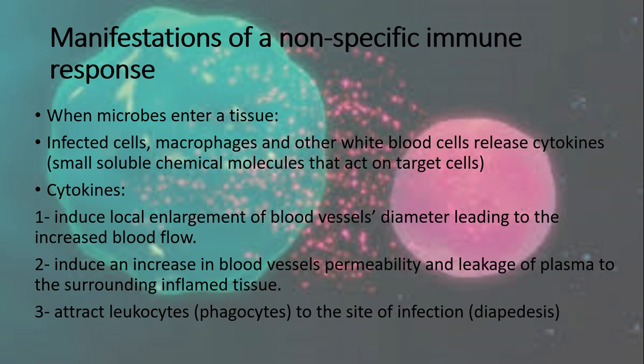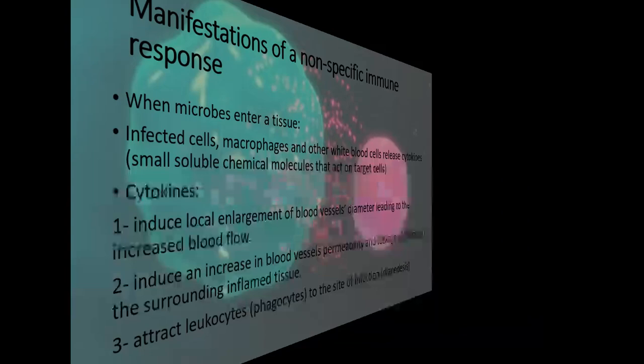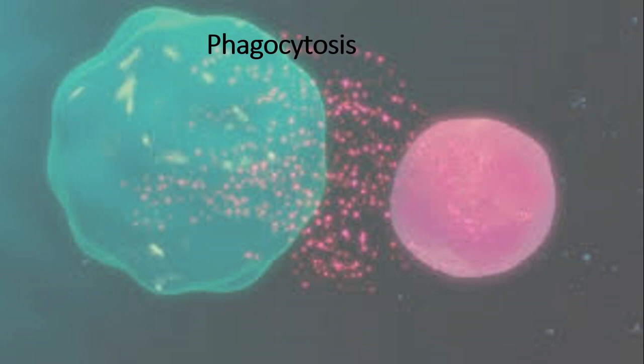I remind you that diapedesis is the margination of these phagocytes, when they take the margin at the level of the capillaries to be able to squeeze themselves between the cells forming the blood vessels, to leak outside those blood vessels and reach the inflamed region.